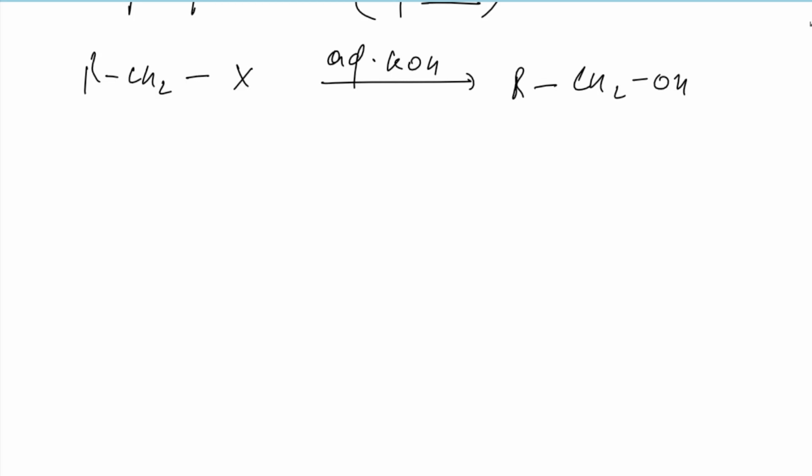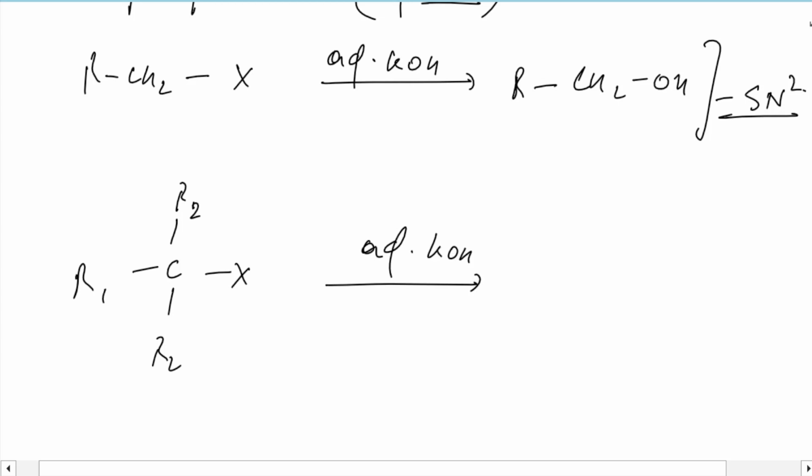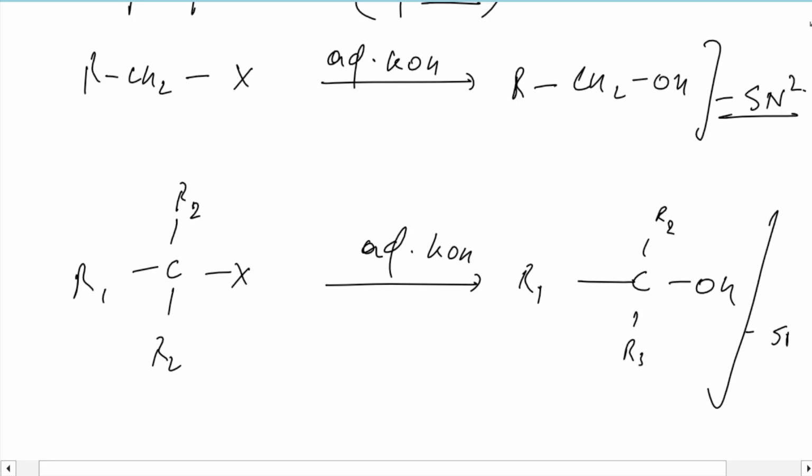Okay, and if this is primary or secondary, the reaction will proceed by the SN2 mechanism. And if it's tertiary, then the reaction will proceed by the SN1 mechanism. The product will be the same, but we'll consider it as proceeding by the SN1 mechanism.